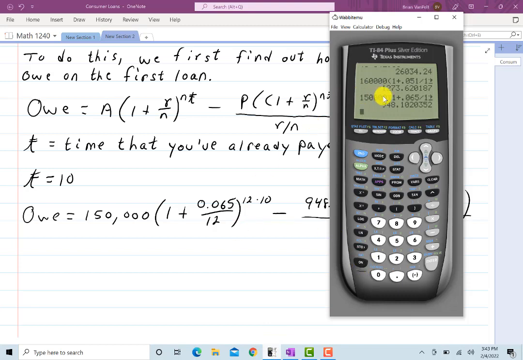Now this is completely different. Let me come back to what I had here. There was my 150,000 times all of that stuff. We paid 10 years on it, so I'm going to change the exponent to 120.